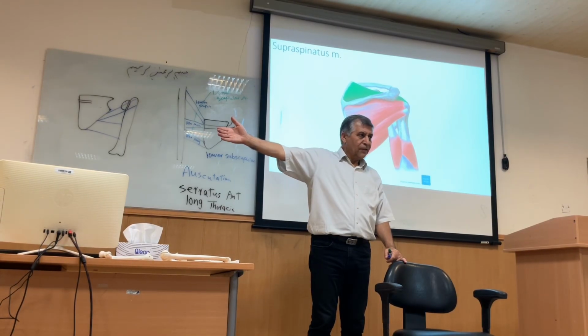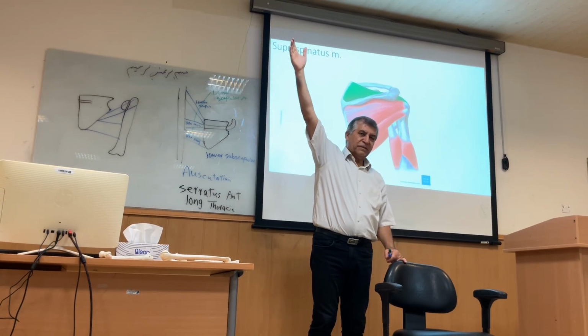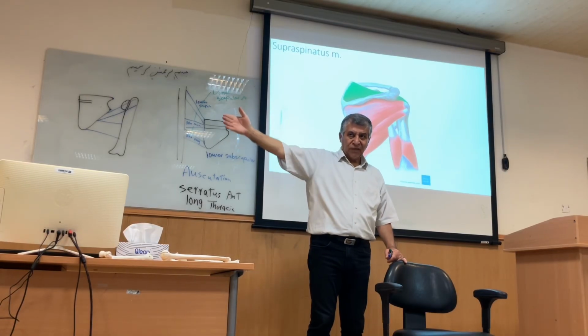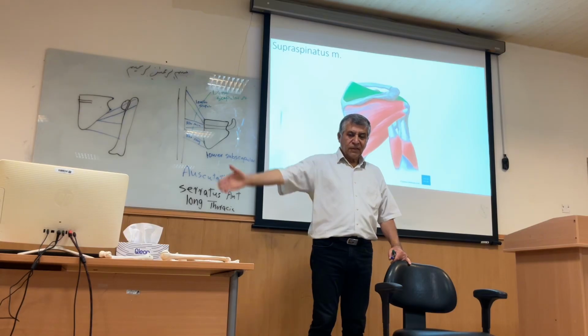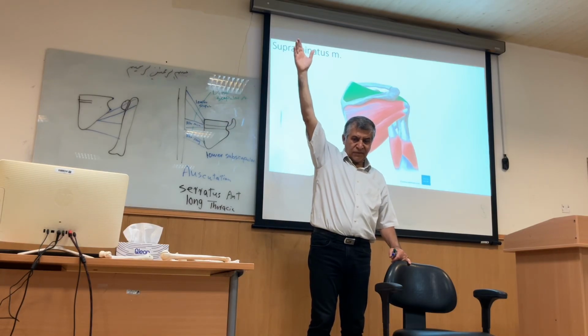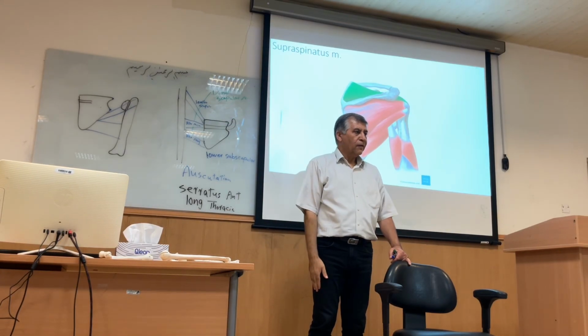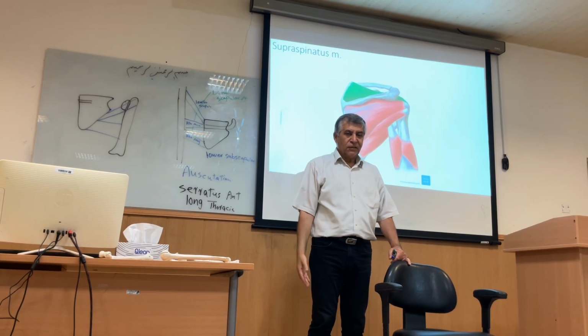Abduction: three muscles involved: supraspinatus, deltoid. Which muscle is involved in adduction?